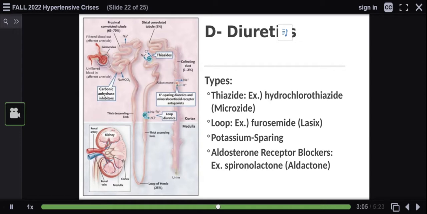These are mostly indicated for patients with a history of MI, or myocardial infarction. It's really contraindicated for patients with hyperkalemia and impaired renal function. So you don't want to give that. Do not use extra potassium supplements or salt substitutes because these patients have obviously more potassium in them.